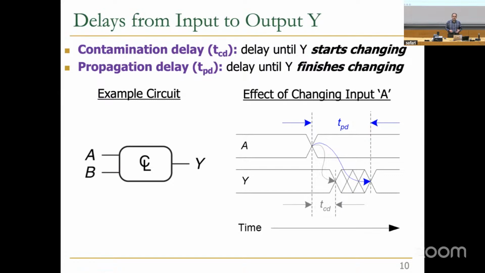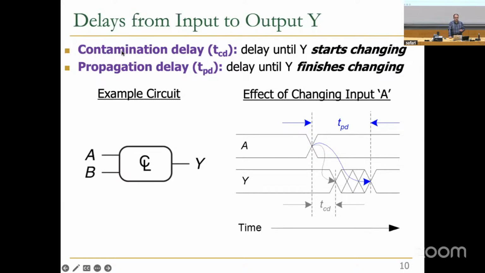When you want to make sure that your circuit is stable, you need to calculate propagation delays. But when you also want to make sure that any single change is not affecting the result of your circuit, you need to be conservative and check contamination delay.